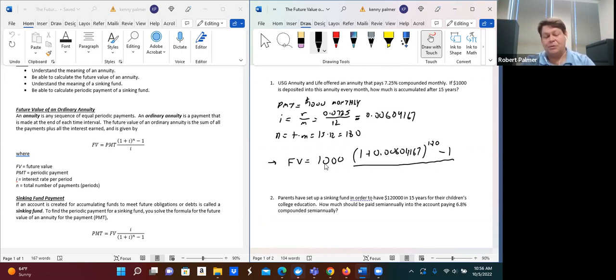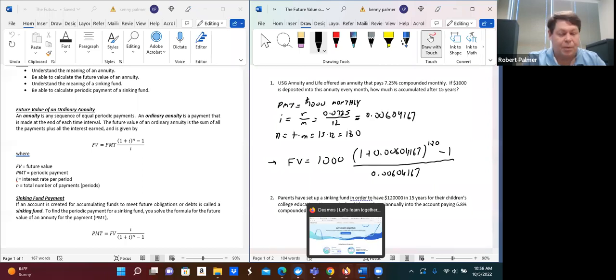You can also include the 1,000 in the fraction as well. It doesn't matter, but all this including the minus 1 is divided by I, which is once again 0.00604167. Now to calculate this, we're going to use a graphing calculator, whatever means you want. I'm going to use Desmos to do this for us, because we'll be able to see it well.